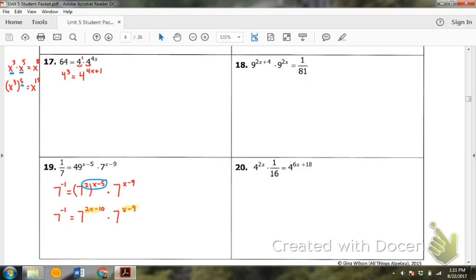We're going to add them together, right? What I just highlighted, we're going to add those together. So 2x plus x is 3x. Negative 10 and negative 9. And now I have like bases. And again, we're going to get a fraction answer here. Oh, wait, no, we won't. Sorry, it comes out to be a whole number.